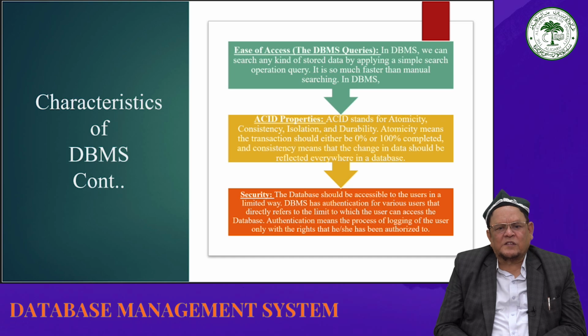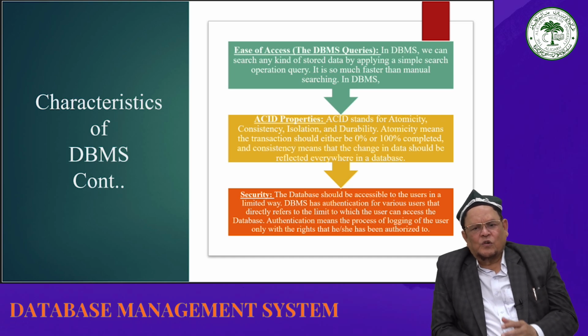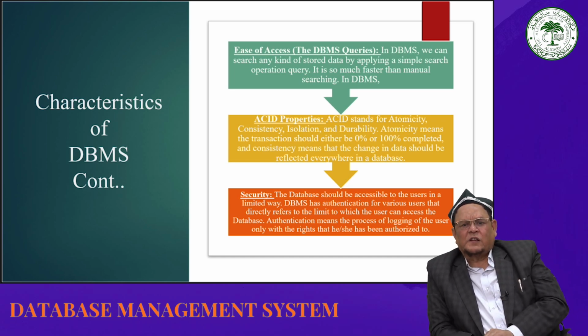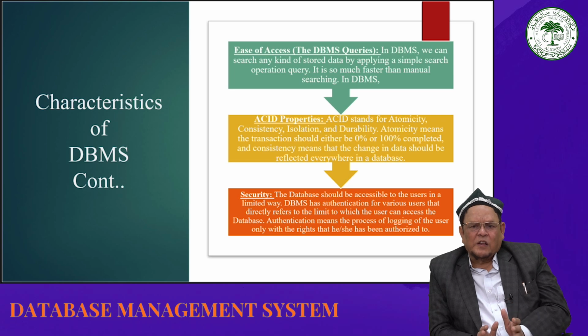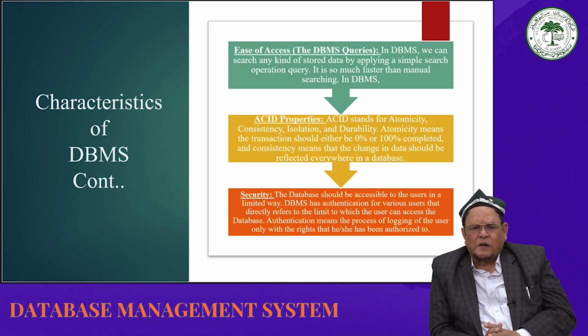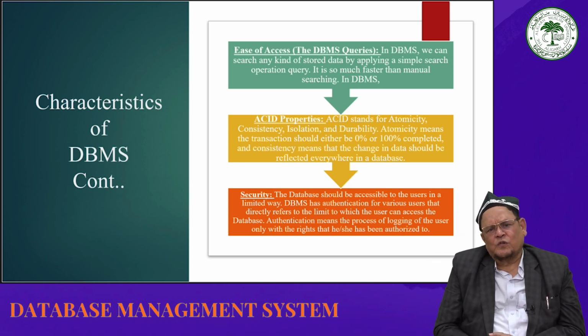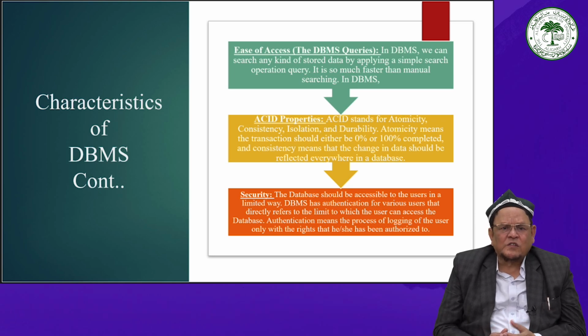It is so much faster than manual searching. Searching is faster depending on the join operator, and different types of operators are also used. With select from where, using some conditions, you are able to find the queries.